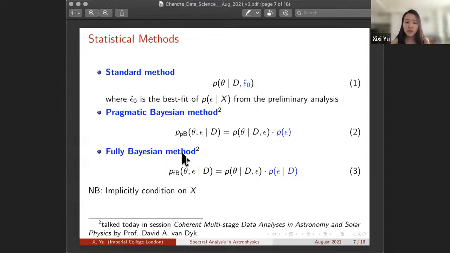Basically, we don't want the observed photon counts to provide any information on the choice of emissivities. This is an assumption of the pragmatic Bayesian method. For the fully Bayesian method, instead of using this assumption, we eliminate it, and so we would like the observed photon counts to provide information on the choice of emissivities. This is the major difference between the two Bayesian methods.